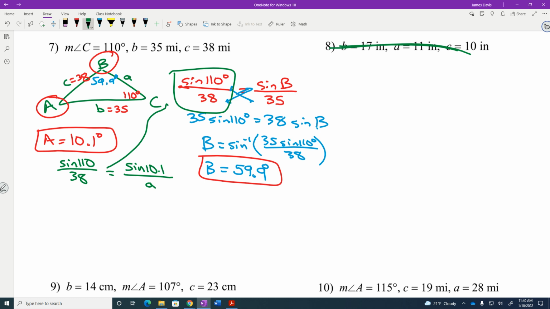Cross multiply and divide. You should get 7.1. And that's it.